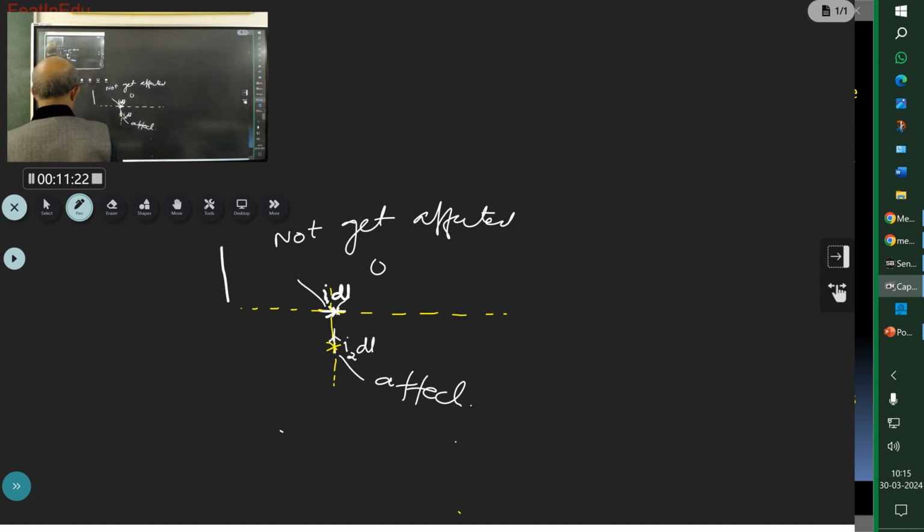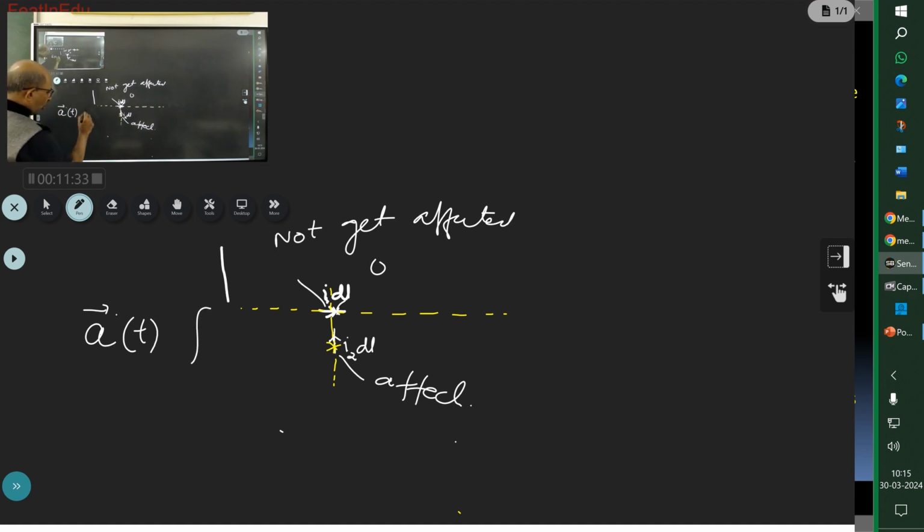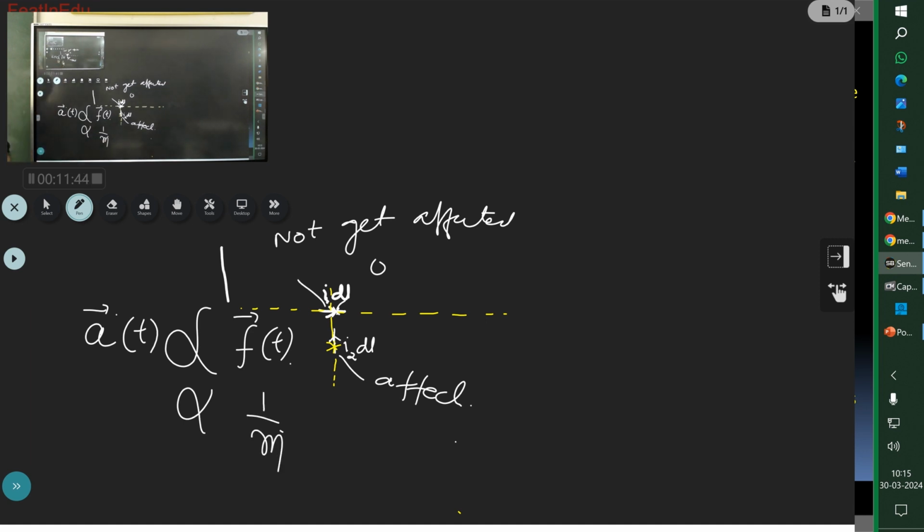In other words, Newton's second law says there is acceleration produced at the instant the net force is applied to the body, proportional to the net force acting on the body and inversely proportional to the inertial mass. Is it clear?